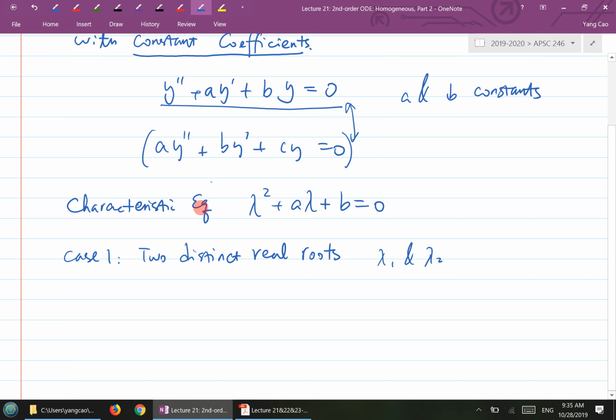Then your general solution is y equal to c1 times e to the power lambda 1 t, plus c2 times e to the power of lambda 2 t.